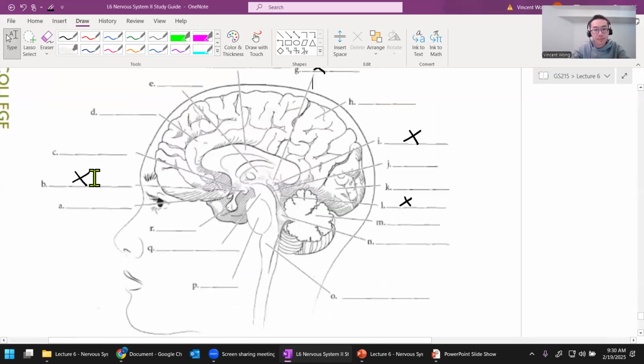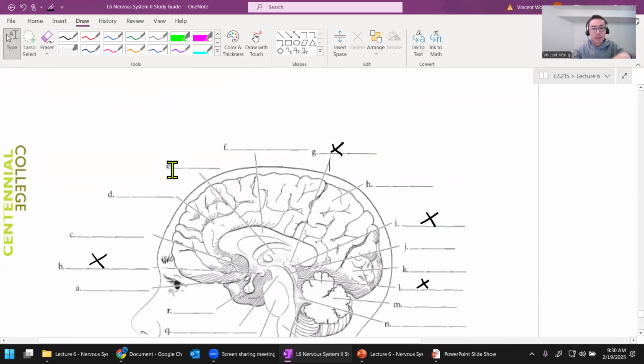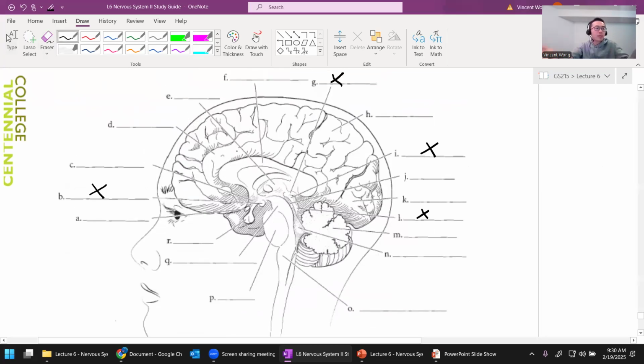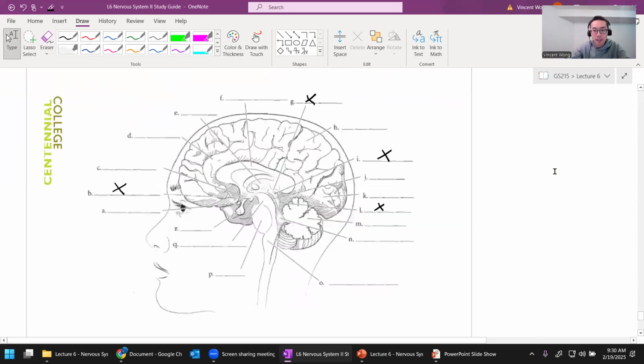Let's label the rest of it. Do you guys recognize anything from the diagram? Maybe you can help me out a little bit.